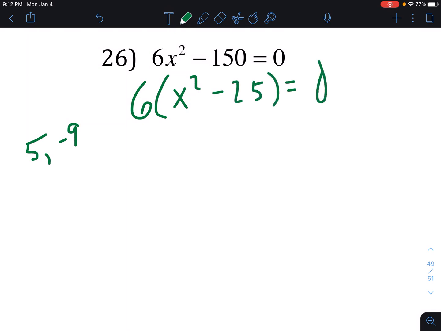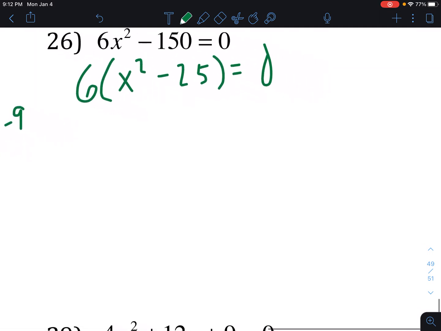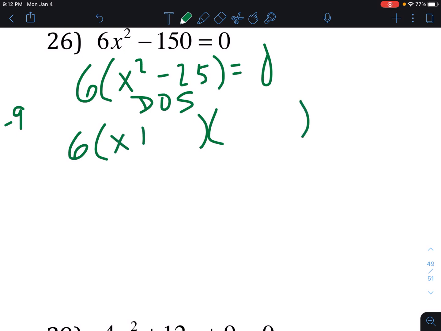So GCF. Can I factor more? Yes, I can. That's a difference of squares in that parentheses. So bring down the 6. Difference of squares should be x plus 5, x minus 5. If you need to brush up on your difference of squares, please go back and watch that video or a YouTube video on difference of squares.